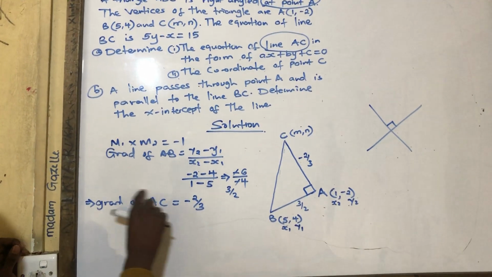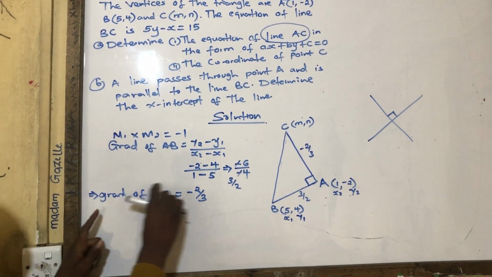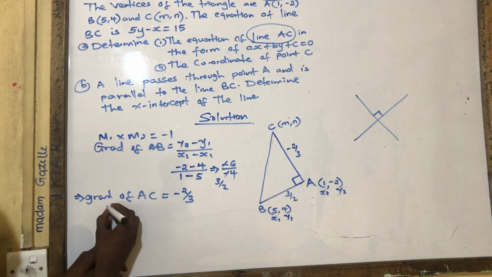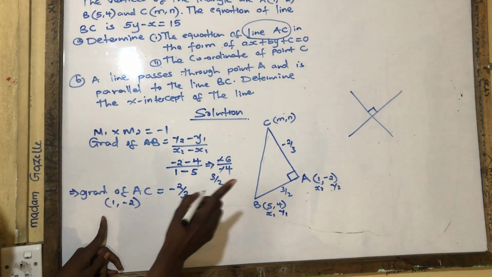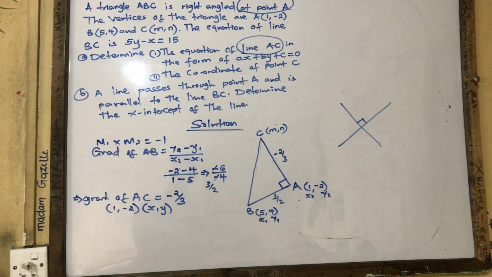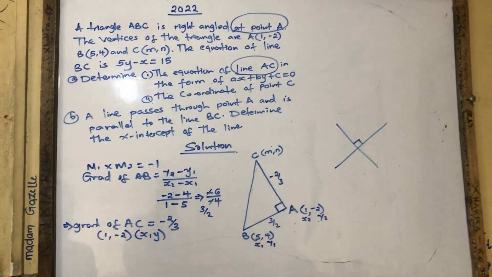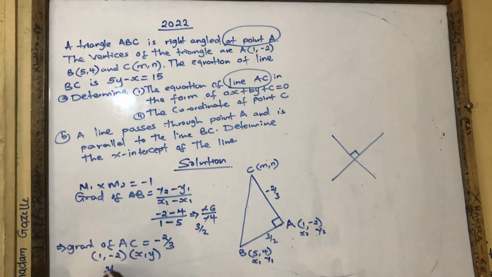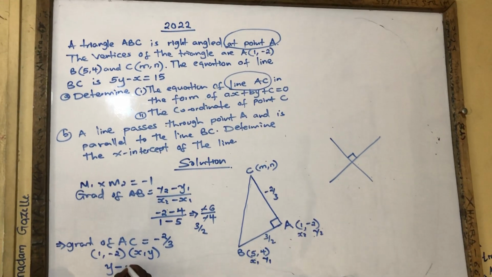How then will we find the gradient of AC? Not the gradient, but the equation of AC. We will pick the point A, which is 1, negative 2, accompanied by a pair of variables x, y. We will then use it to obtain the equation. This will be y minus y1, which is again negative 2.